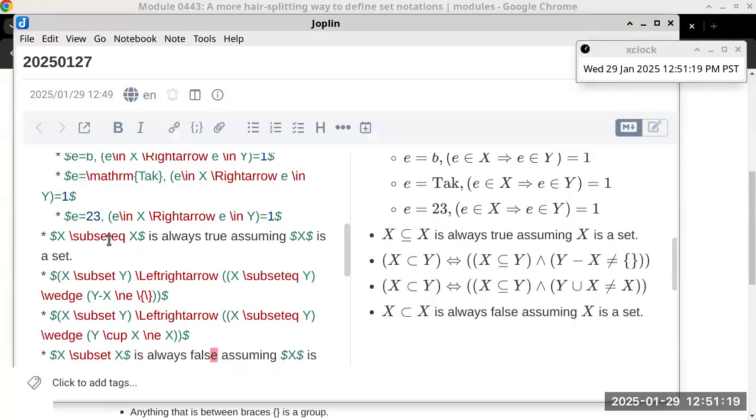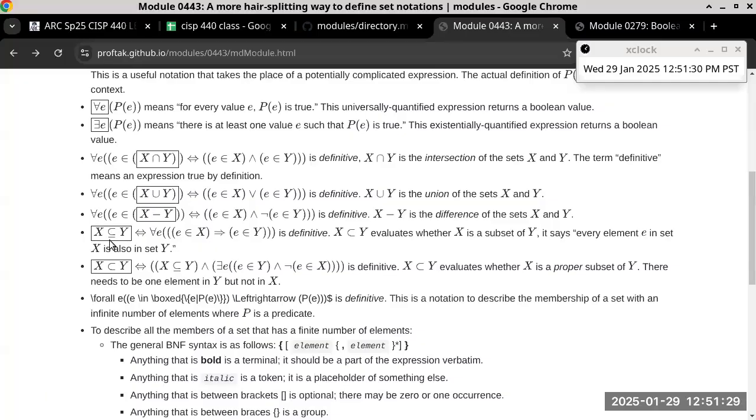Okay. Which part are we referencing? Are we looking at the examples or are we looking at the definitions in the module? Okay, so go ahead. Okay, let me take a look at your screen.